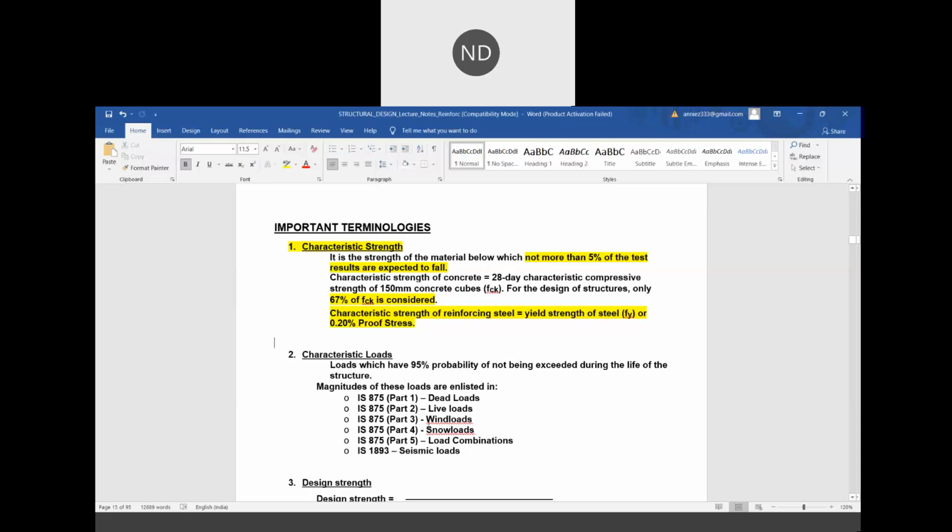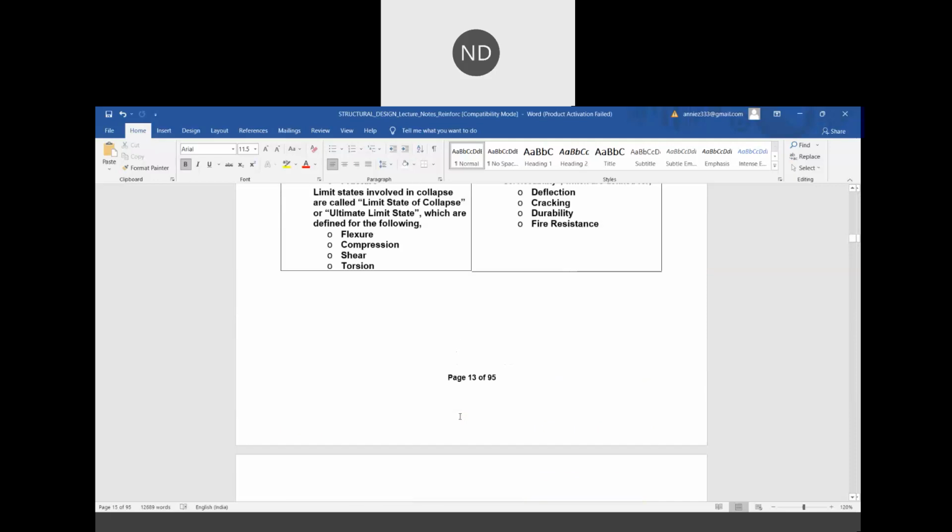Then, regarding characteristic strength, there are some specifications. There are loads which have a 95% probability of not being exceeded during the life of the structure. Magnitudes of these loads are listed here, that means dead load, live load.